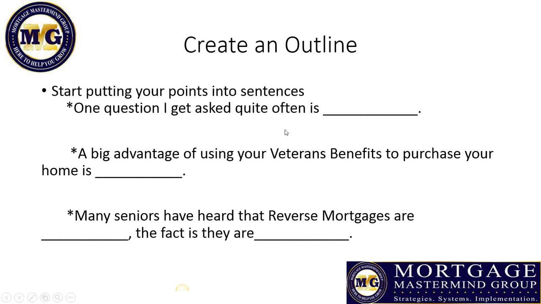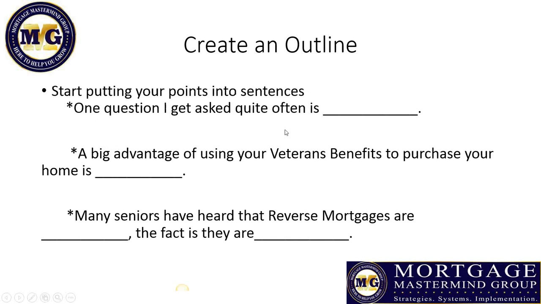One question I get asked quite often is, how do I qualify for a VA loan? There's a sentence about that. What's the second question, or the second point on a VA loan, if I'm doing the top 5 questions? Another very frequently asked question is so-and-so, and then answer those questions.